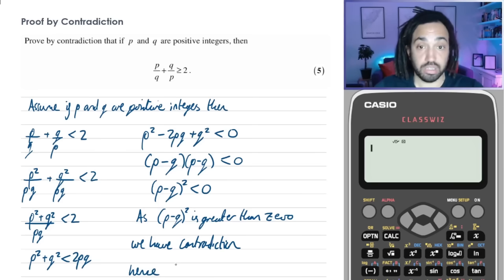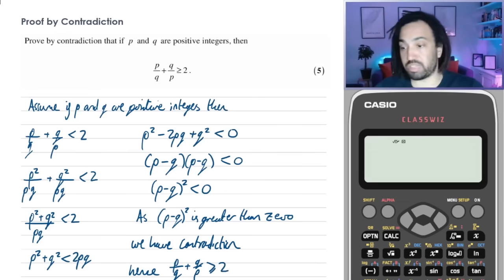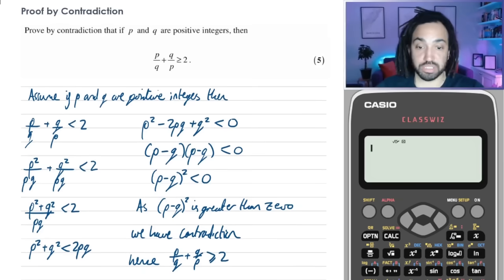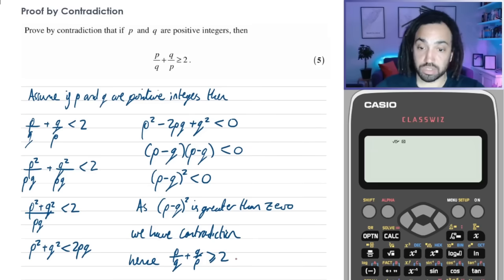Hence P over Q plus Q over P is greater than or equal to 2. Or we can say the original statement is true, but I always like to write out the actual bit which is true, and that is job done.